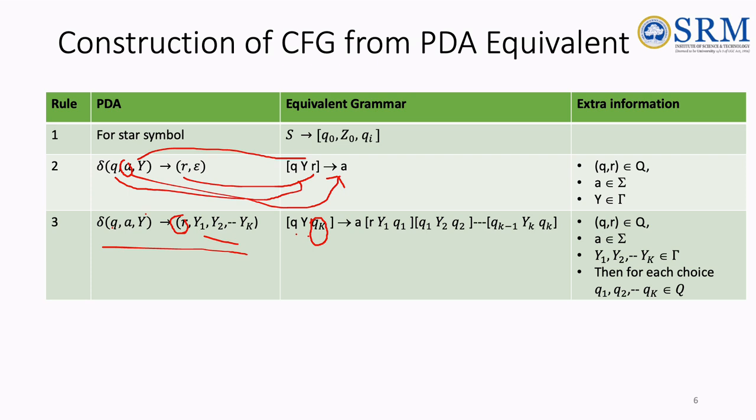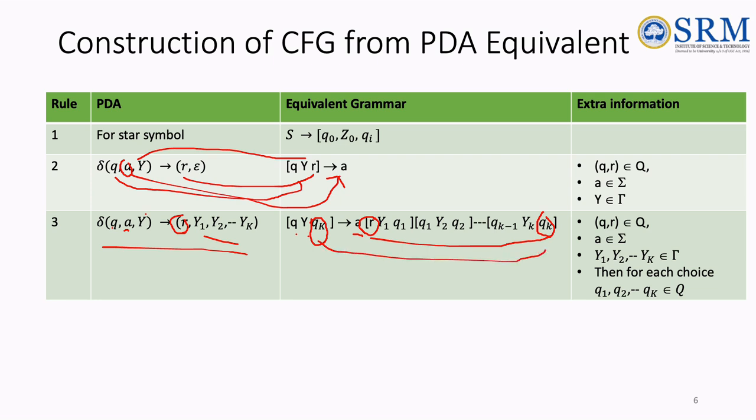For example, if the PDA has two states, then you have to write Q0 and Q1, and so on. And how to write the right-hand side? Here the symbol A, whatever the input symbol is, and we need to write the sequence accordingly. Keep in mind that the beginning of the sequence should be the start state given in your transition, and the end of the sequence should be the state equivalent to this one.